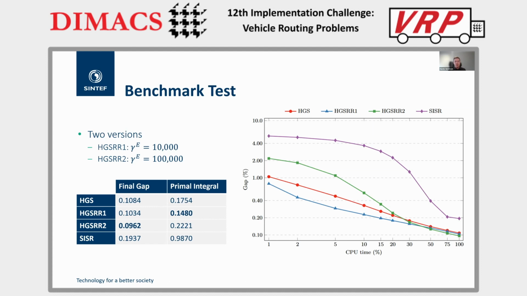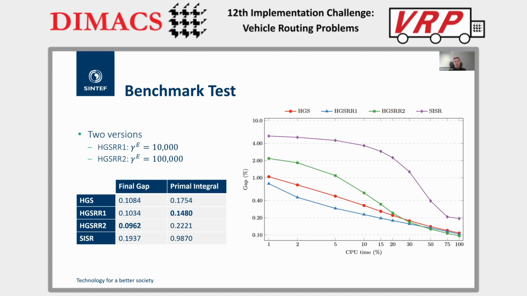If you take a look at the table, HGS RR1, which has a gamma E of 10,000, is the method that achieved the best primal integral. And that you can see is the blue line in the figure. While on the other hand, HGS RR2, which has a much higher gamma E of 100,000, means we spent much more time on a single solution before we started the genetic algorithm.